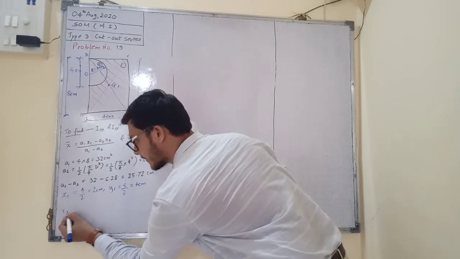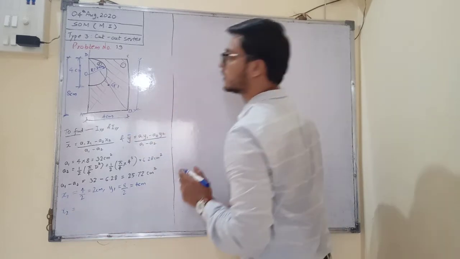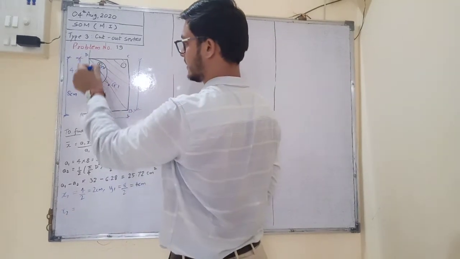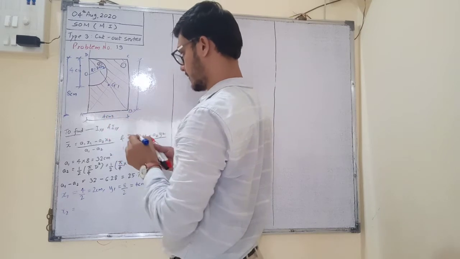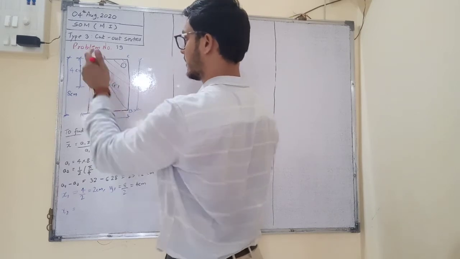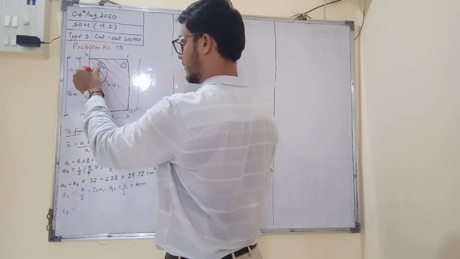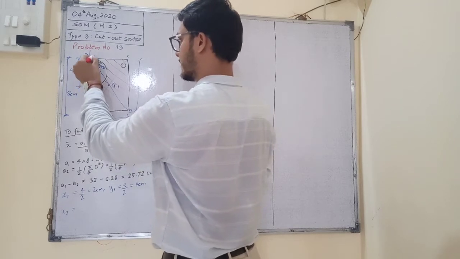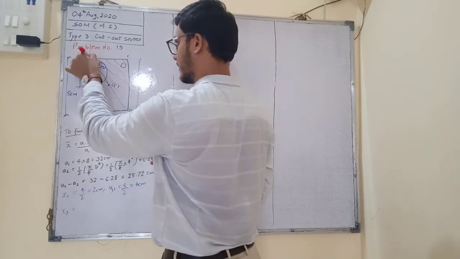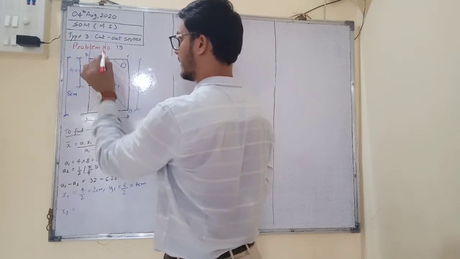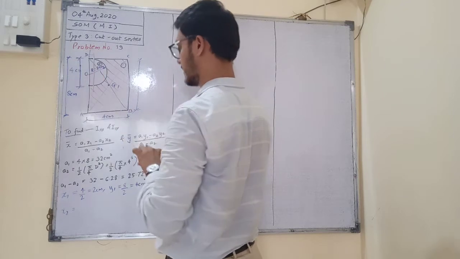Now x2, y2. x2 will be how much? So x2 will be the horizontal distance from this reference axis to the semicircle centroid. For a semicircle, its centroid passes at a distance away from here, and this distance is how much?